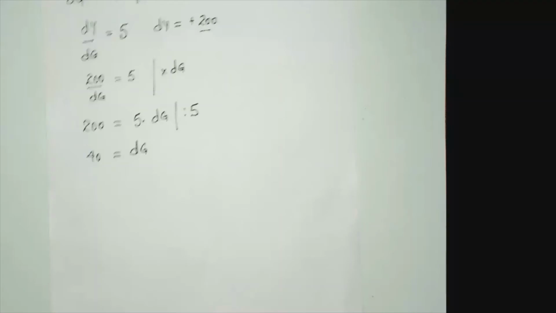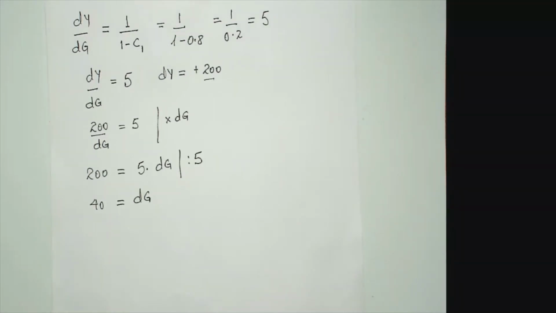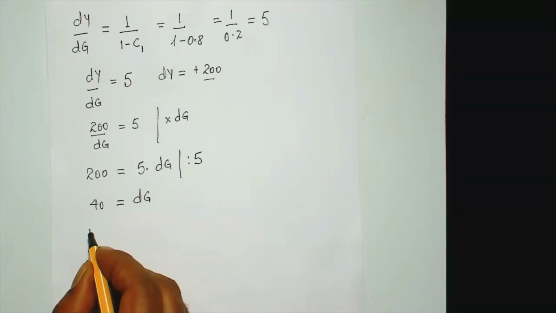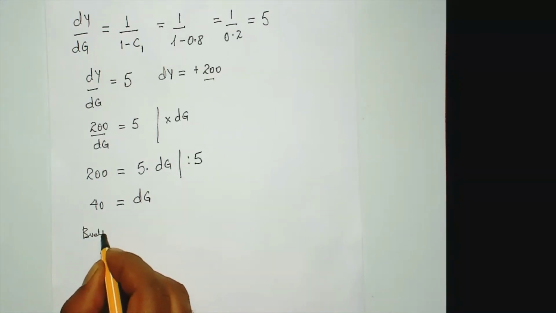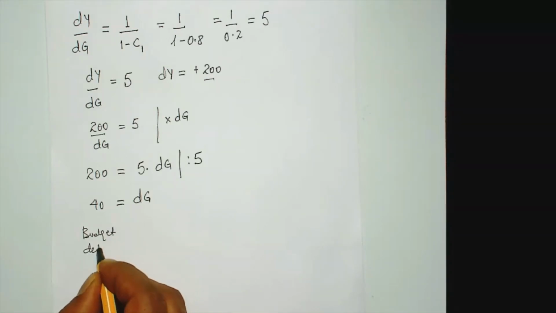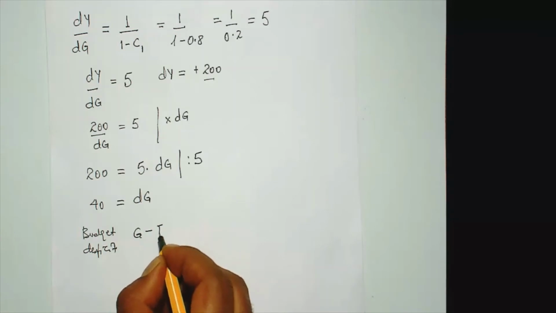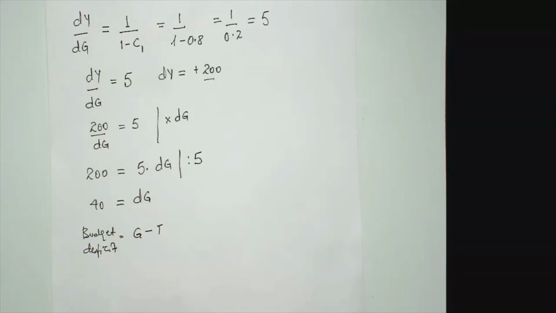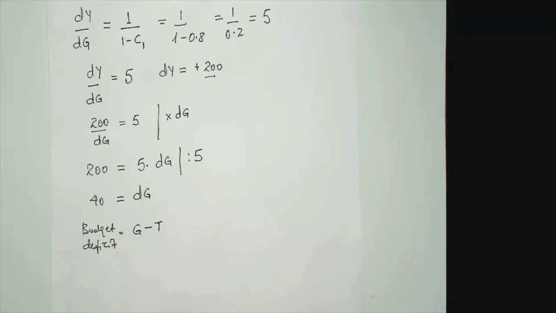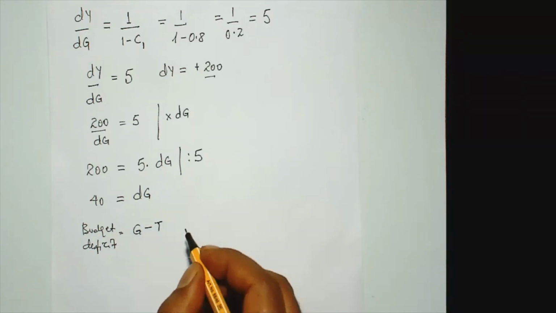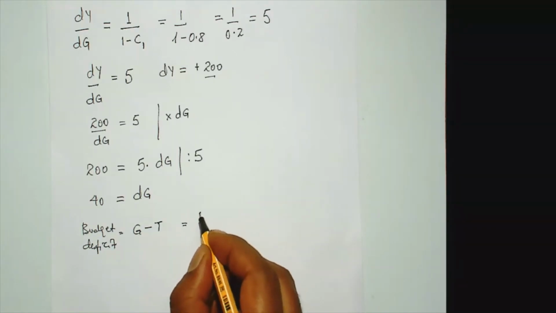The second part or the second item in this scenario C is to calculate the budget deficit. And the budget deficit, as we have seen earlier, is calculated by G minus T. And now we have said that government expenditure should be increased by 40 units.